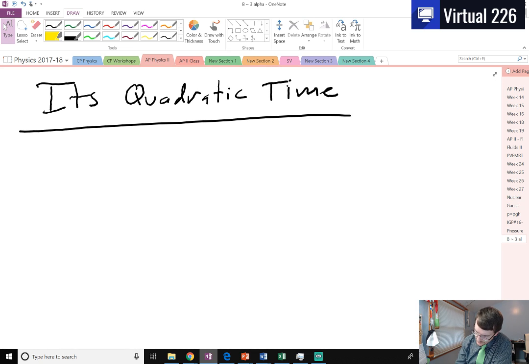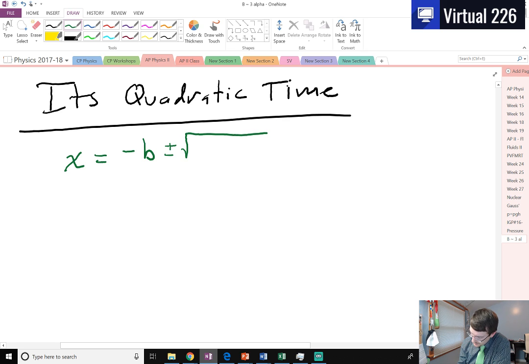If you remember the quadratic formula, essentially what we're looking at here is we're trying to set up that x is equal to negative b, or the opposite of b, plus or minus, because there's two possible solutions here, the square root of b squared minus 4ac, all divided by 2a.